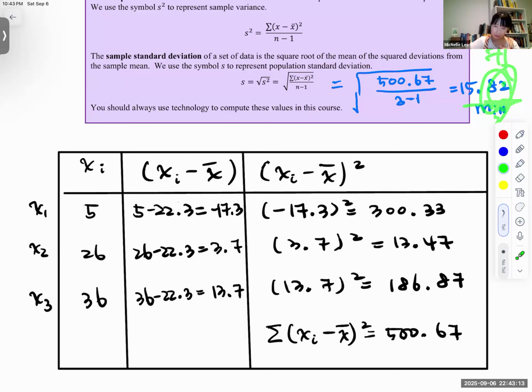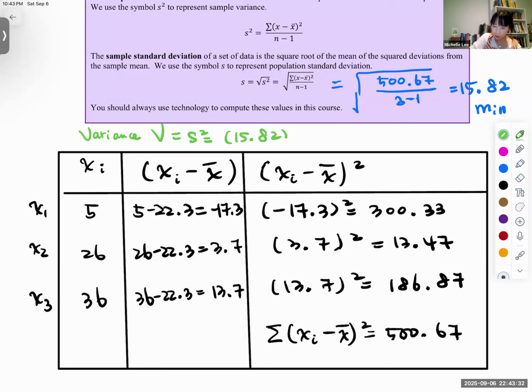Let's find the variance. If we have a standard deviation, the variance will be s squared, which is 15.82 squared. Let's calculate.